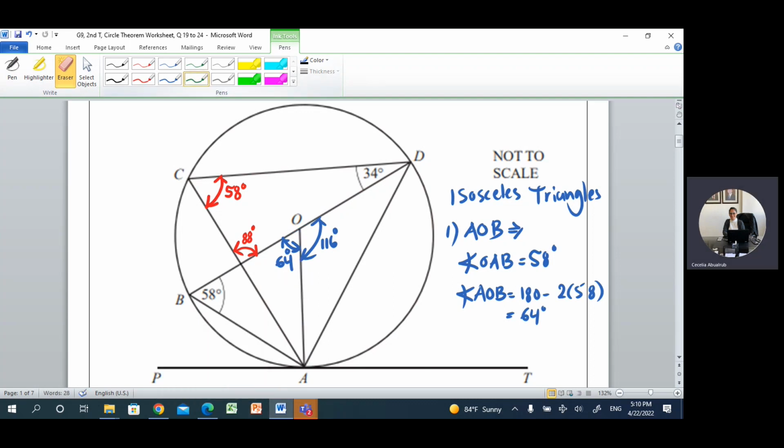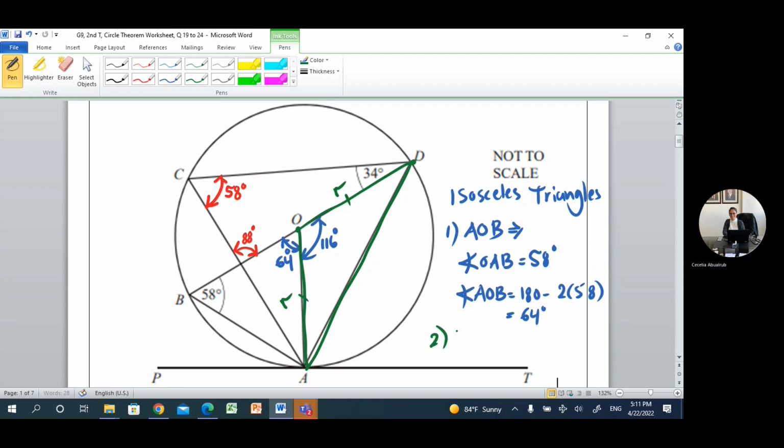And if you look at this triangle, O, A, D, and back to A. From O to D, this is the radius. From O to A, this is a radius. So another isosceles triangle, ODA.